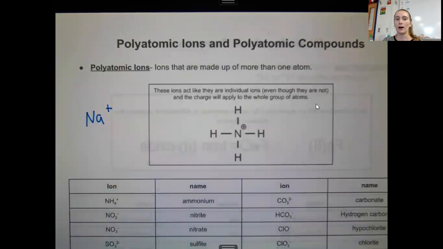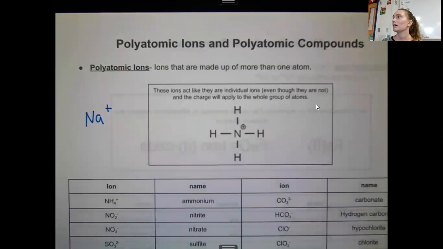For example, I have here listed something called ammonium. Ammonium is something we use in cleaning products. If you're cleaning your bathroom, a lot of times one of the listed ingredients will be ammonium hydroxide. It's super toxic, but it is also a polyatomic ion.